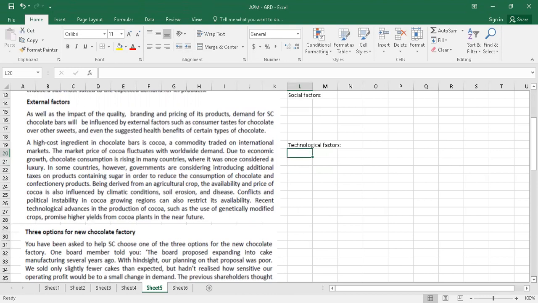Where will it fall? The demand is influenced by these factors. One is consumer taste. Where will it go? Where do we see that?